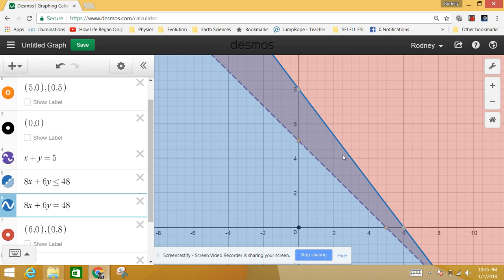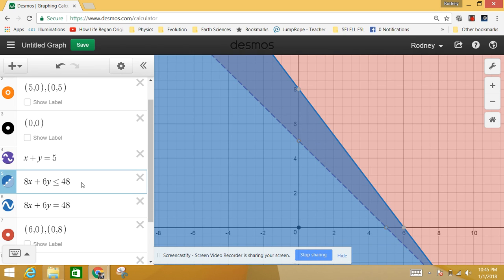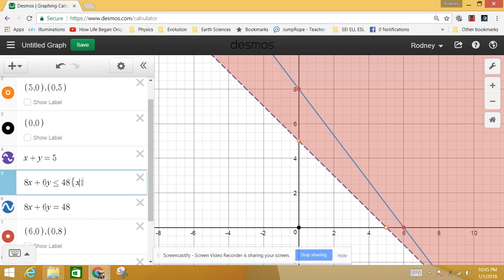And this zone here, where they're overlapping, is the zone where we can find the number of ship combinations. Of course, there are a couple issues. We can't have negative numbers of ships, so we're going to have to make it clear that x is greater than or equal to 0.